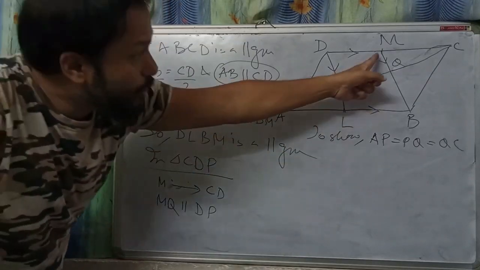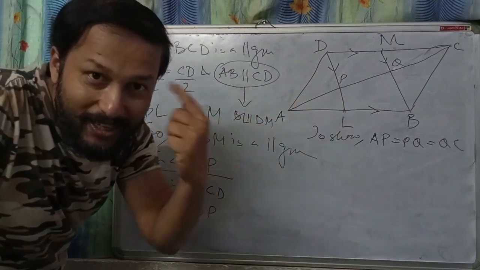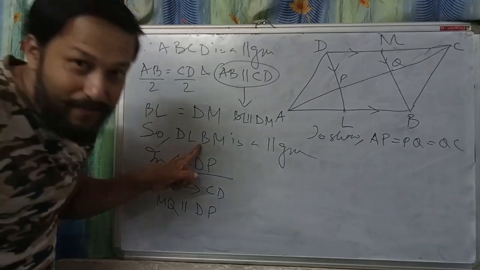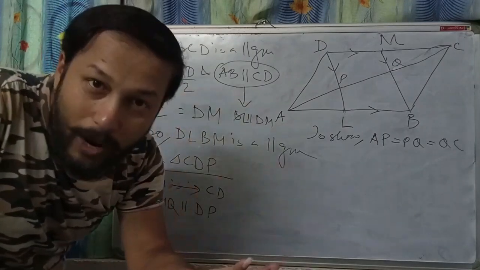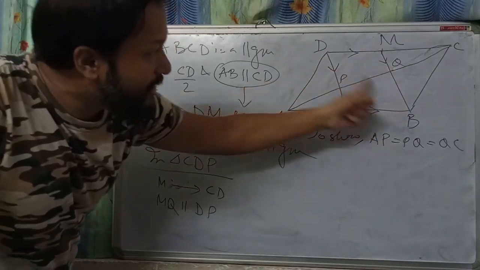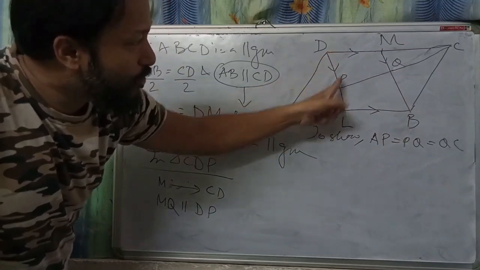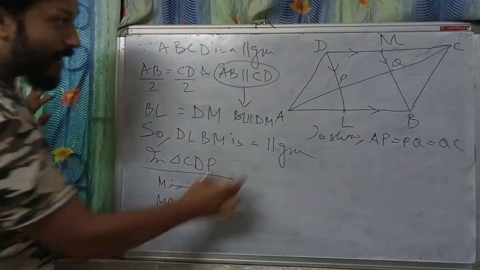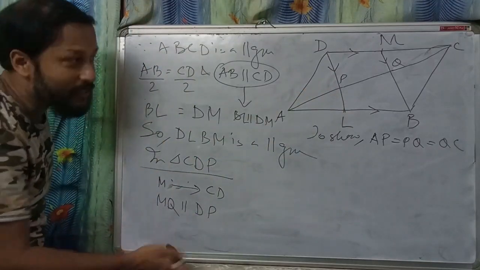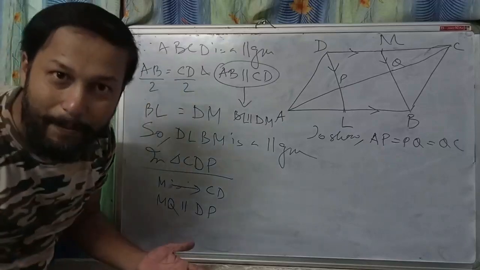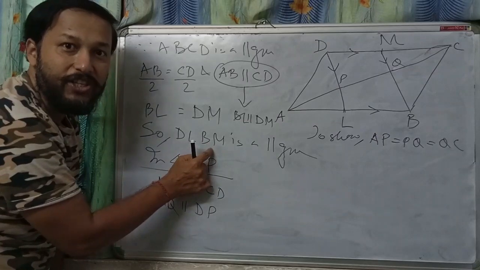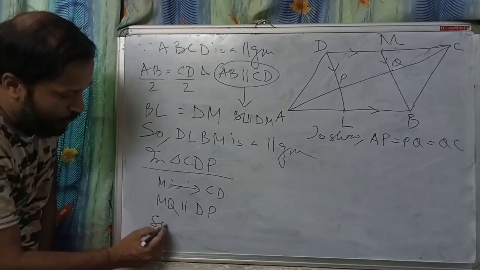Think. Since DLBM is a parallelogram, opposite sides are equal and parallel, so MQ is parallel to DP. Why is this a parallelogram? Because we have already shown it first.